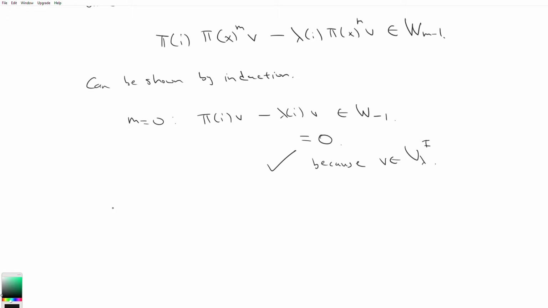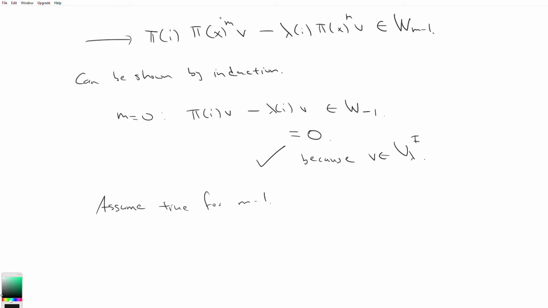So assume this statement is true for m minus 1, right? I'm going to rearrange this statement, this part here, and try to use this fact that it is true for m minus 1 to show this statement up here. So we have the quantity pi of I, pi of x to the m, v minus lambda of I, pi of x to the m, v.